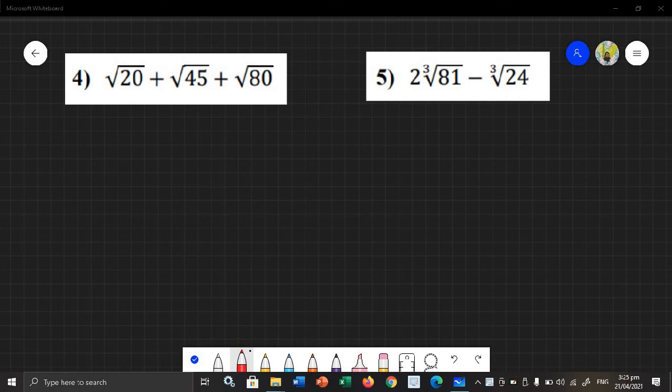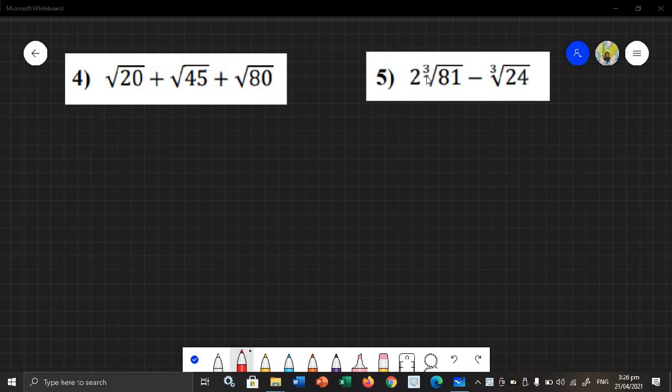We now have our last two examples. So, for the fourth example, we will be finding the sum of square root of 20 as well as square root of 45 and square root of 80. Sa number 5 naman, we will be finding the difference of 2 cube root of 81 and cube root of 24. So, kung napapansin ninyo, number 4 and number 5 na example, these are dissimilar radicals.